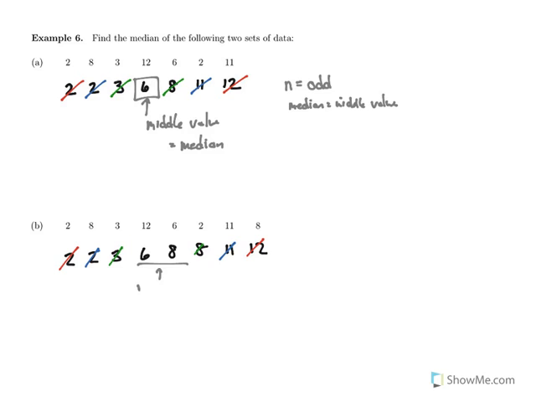So we take the middle of these 2 values. That's the average of them. 6 plus 8 divided by 2, which is 7. So if n is even, the median is the average of the 2 middle values.